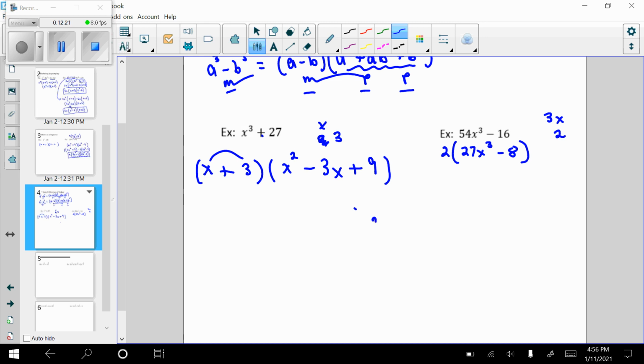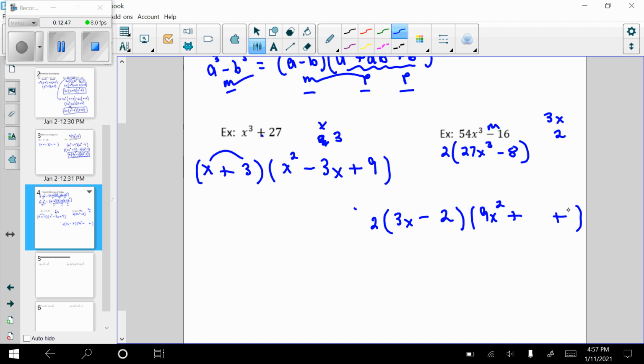So for my pattern here, this is a minus, so it's "my mother paints pictures." So this is your 3x minus 2. First term is 3x quantity squared, which is 9x squared.